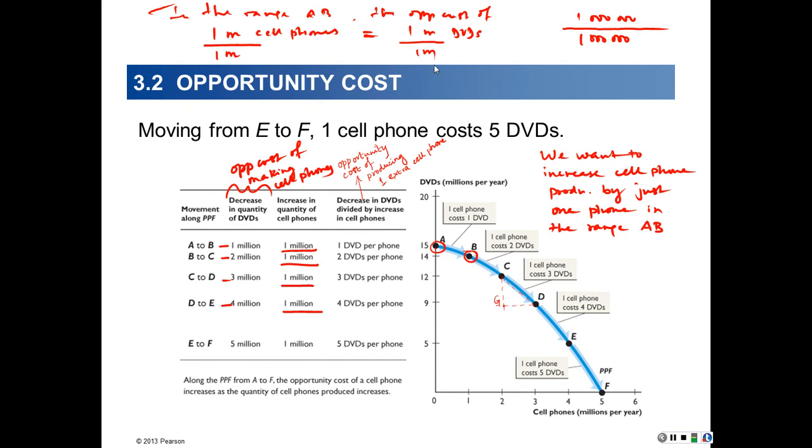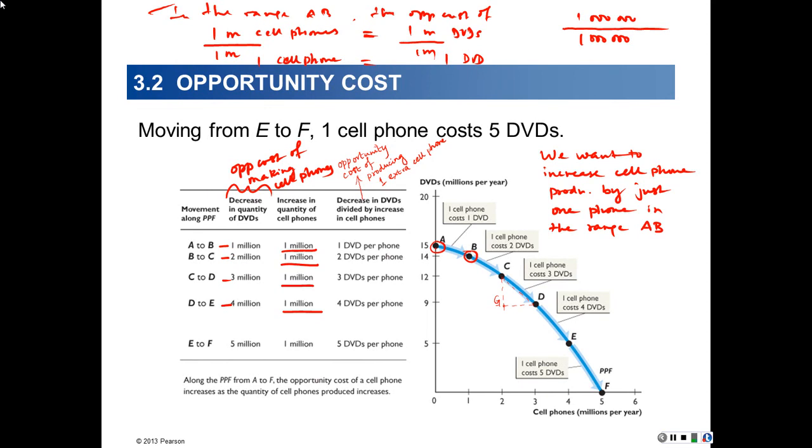In the range A to B, the opportunity cost of one cell phone is equal to one DVD. Is that correct? Are you following my logic here? So in the range A to B of the PPF, this is the average opportunity cost, correct? The average opportunity cost of producing one extra cell phone is one DVD given up. Make sense? Now, what about the range E to F?